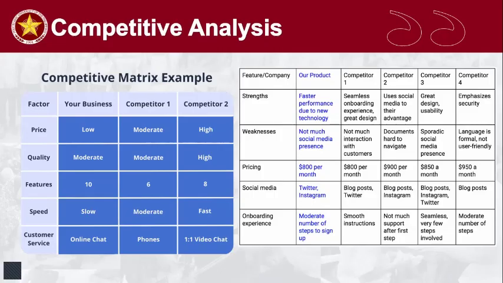So they are not posting a lot. For example, for social media, what are the social media platforms that they are utilizing, and how do they deliver services? Is it slow? Fast? And many more factors that you can utilize or list.